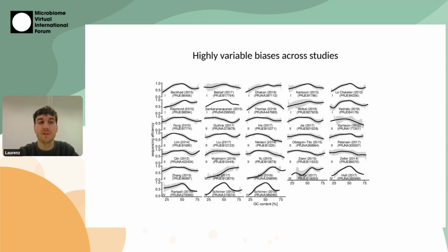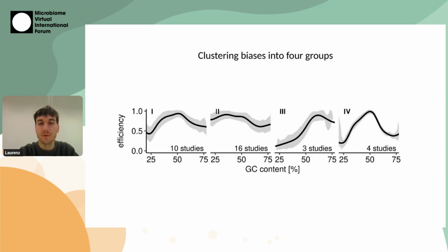This is also a strength of GuaCAMOLE, that we don't make any prior assumption about how this bias looks, but we directly learn it from the data, and a single sample is enough here. And now we grouped these studies based on their bias curves into four groups.